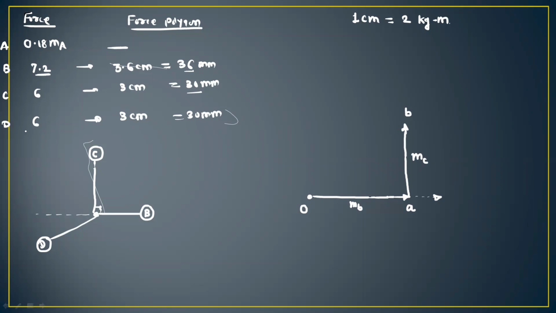Next vector, that is for mass D. It is again 30 mm, and this is the direction. So from point B, you can draw the reference line. So this line just to take the angle with respect to x-axis or y-axis, and then you can take total angle 210, or you can draw the parallel line to this line. Okay.